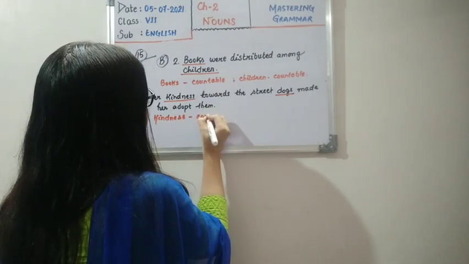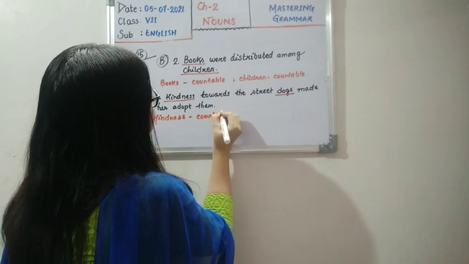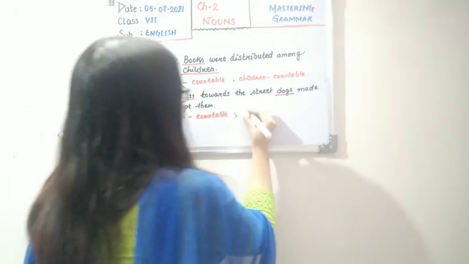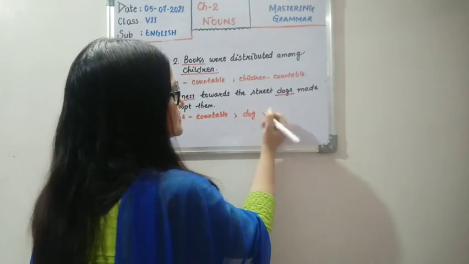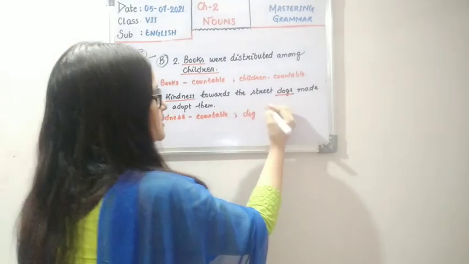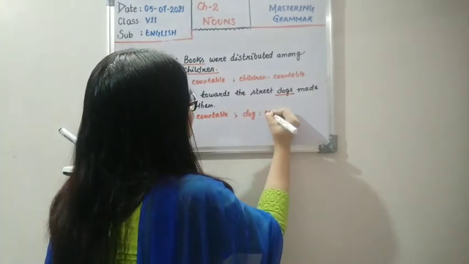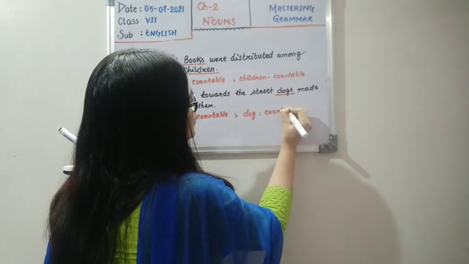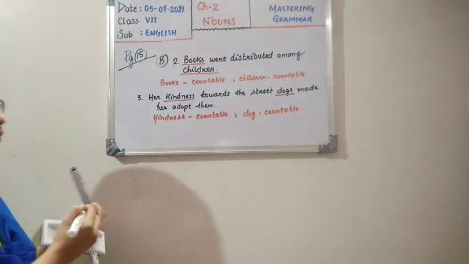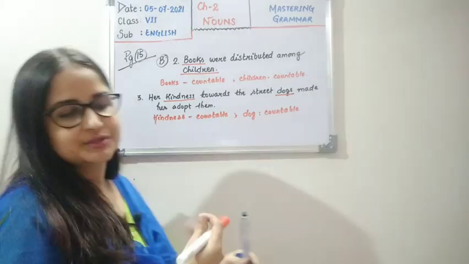So this will always be uncountable. Now moving to the second word, dogs. You can see dog was the singular of dogs. It has changed from dog to dogs. So this is definitely a countable noun because we can find the plural form of this noun. Okay children, I hope you understood this.